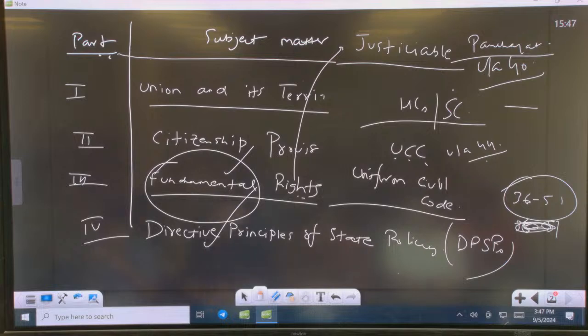Because DPSPs have been made non-justiciable, it is not mandatory on the part of the government to follow everything written in DPSP. On the other hand, it is obligatory on governments, organizations and citizens, you and I, to follow everything written under the fundamental rights. We cannot abridge or take away fundamental rights of each other.